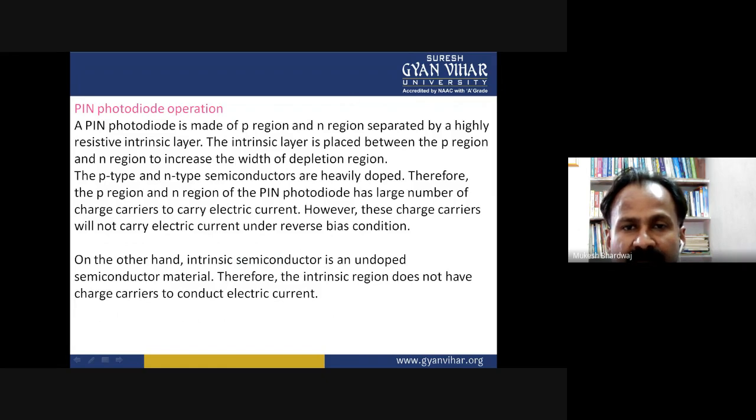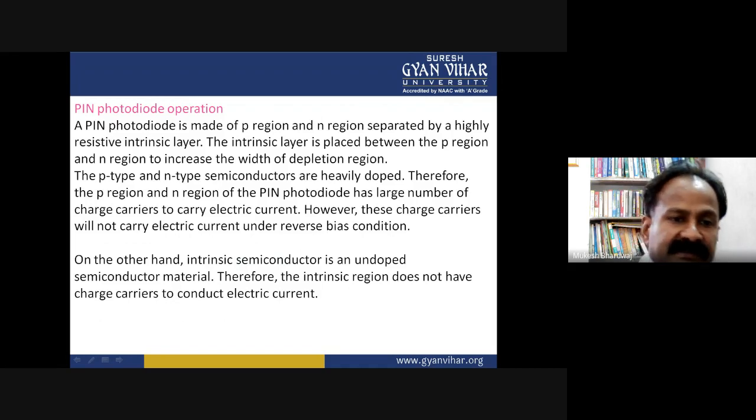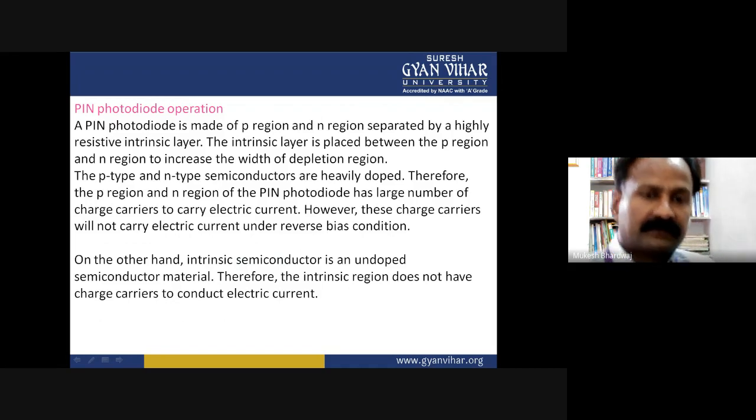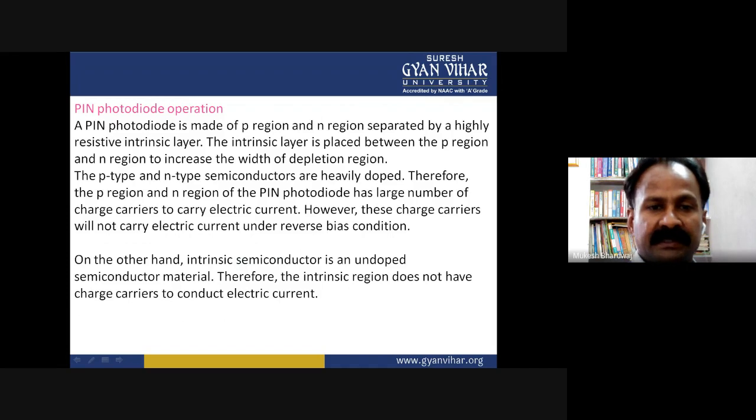Pin photodiode operation. A pin photodiode is made of p region and n region separated by a highly resistive intrinsic layer. The intrinsic layer is placed between the p region and n region to increase the width of the depletion region.